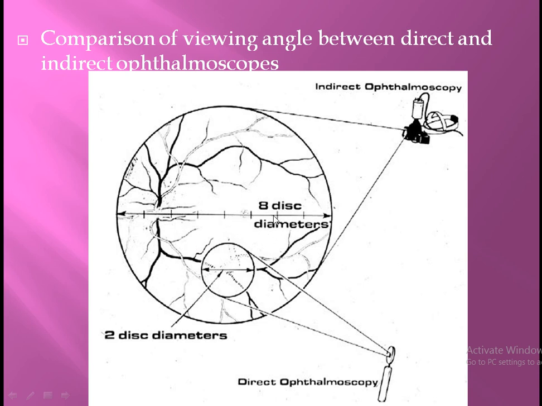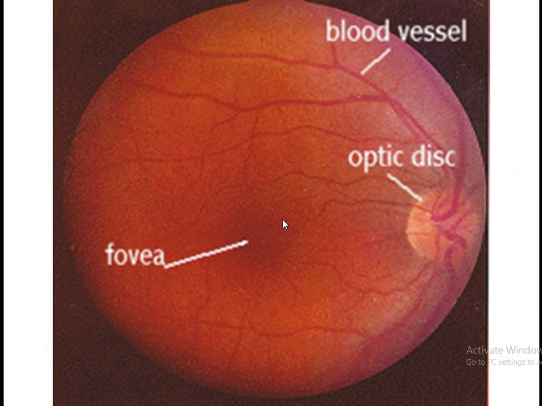From here you can have one part, second, third, fourth, and so on, dividing into different parts. The whole is divided into 8 parts, and from there you compare: it is just 2 parts, so it is 2 disc diameters, while the whole width of this is 8 disc diameters. This is the picture of the normal retina, which can be visualized through the ophthalmoscope.